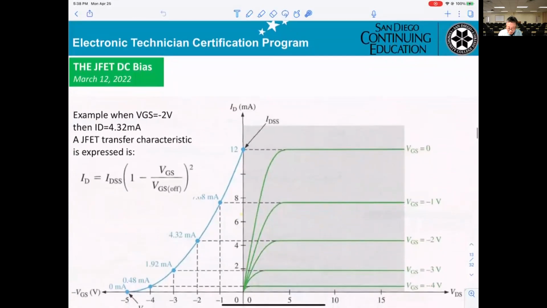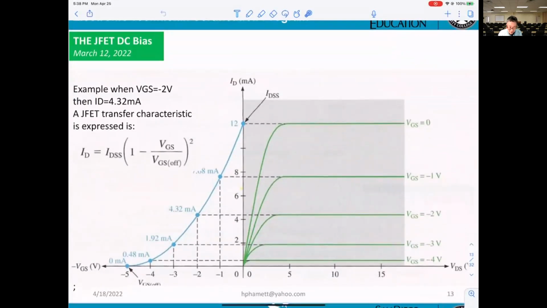And then that curve, you can calculate by this formula: ID equals IDSS times (1 minus VGS divided by VGS off) squared.